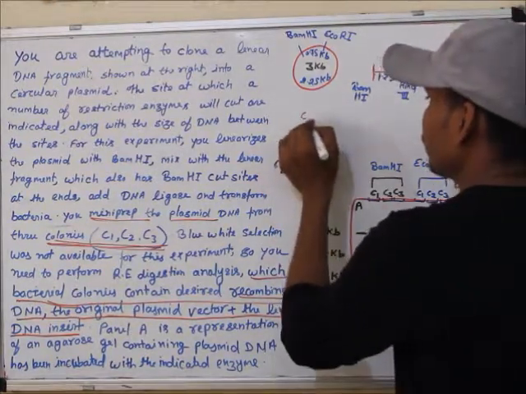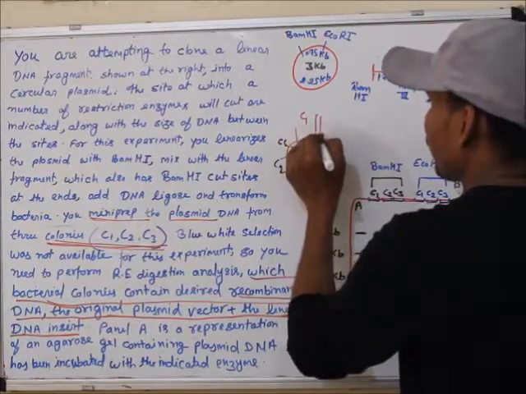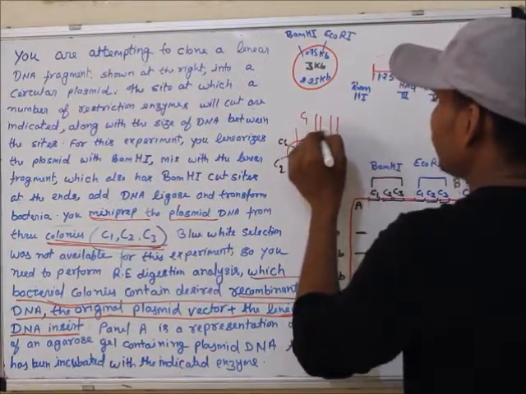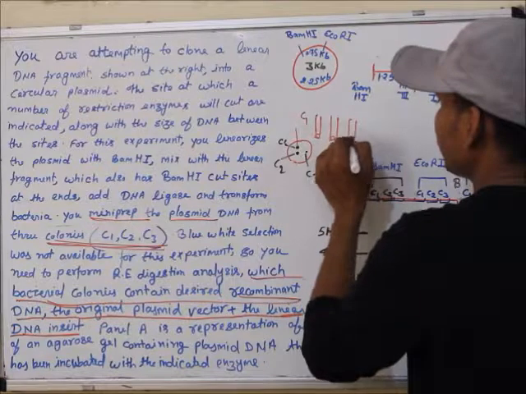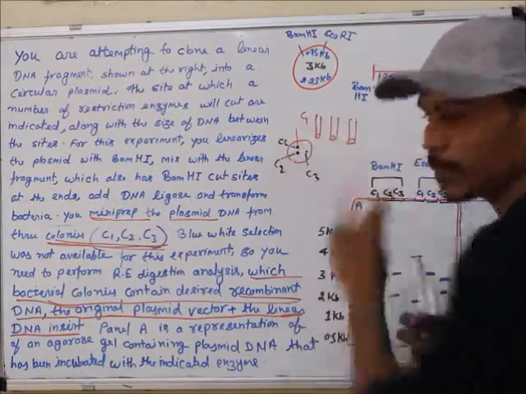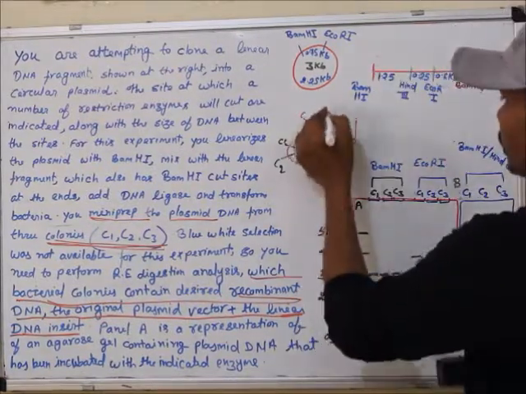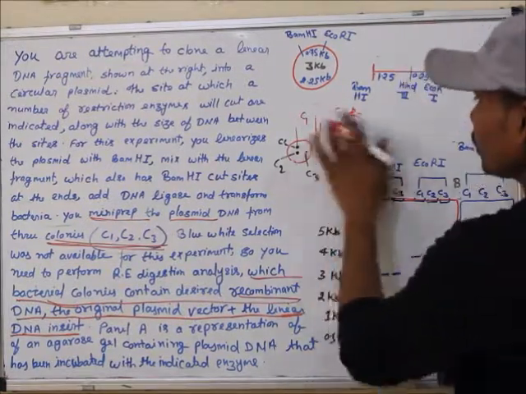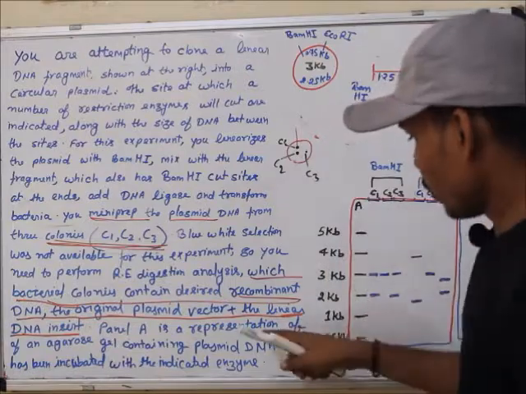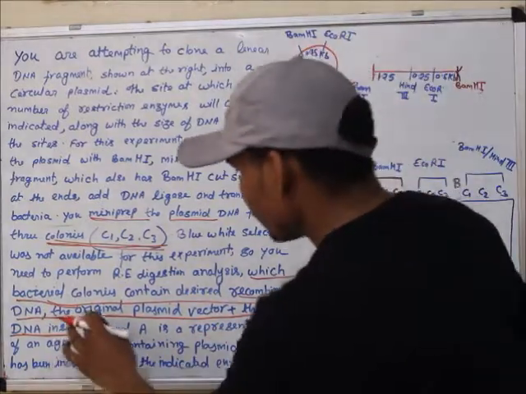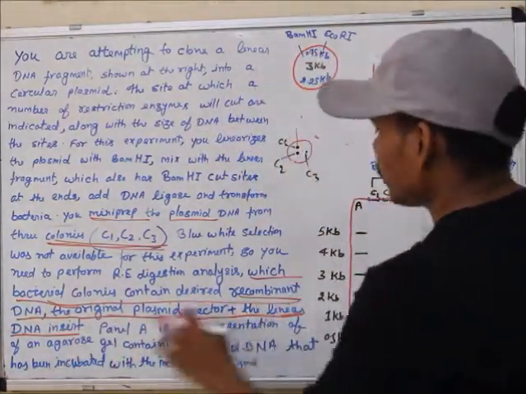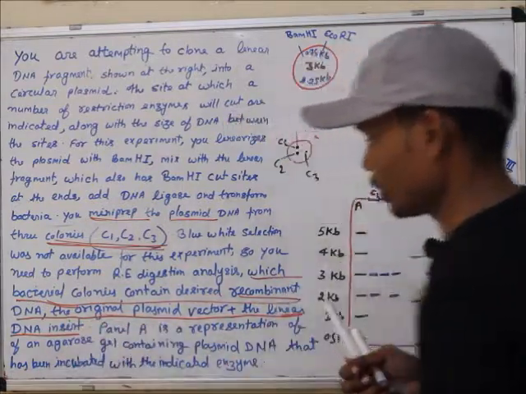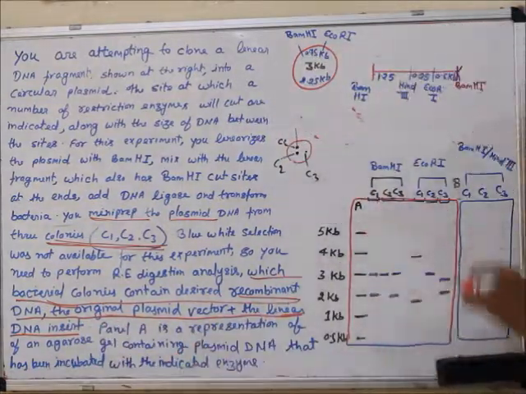That is the C1 plasmid, that is the C2 plasmid, and that is the C3 plasmid, in separate tubes. Then the original plasmid vector plus the linear DNA insert. So this is the diagram.